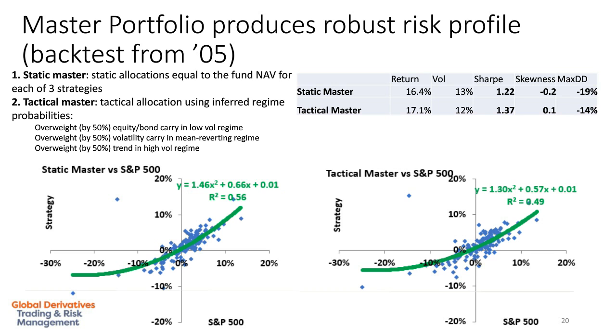We see that even when we just do a static combination, putting together strategies that perform differently in different regimes, overall we get a good risk profile. At the same time, with the tactical master, as I mentioned before, dividend carry always works in regimes with small volatility.